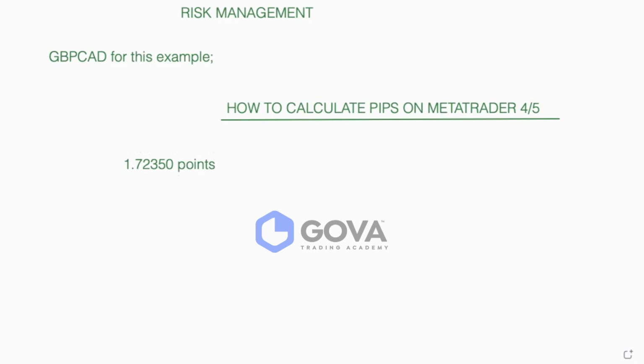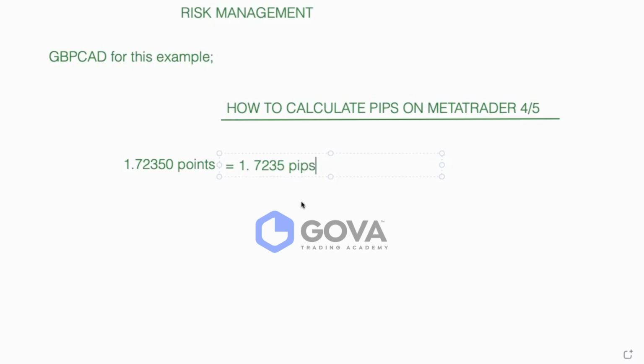In pips, whenever you are calculating pips, this is going to be equal to 1.7235. So in this area, this is how to calculate pips. So this is now pips.